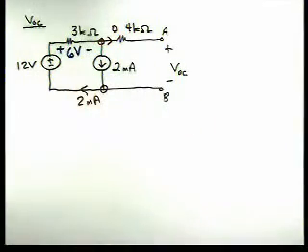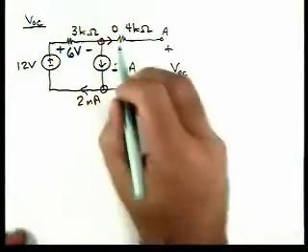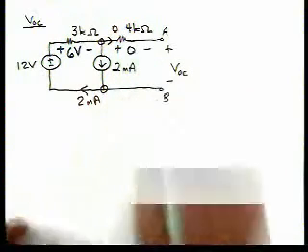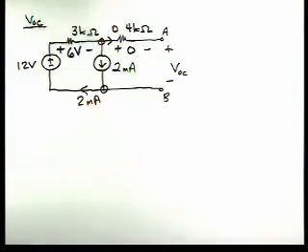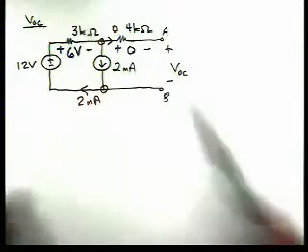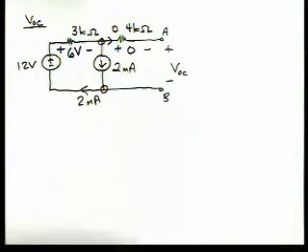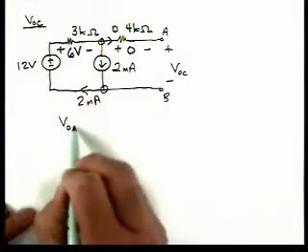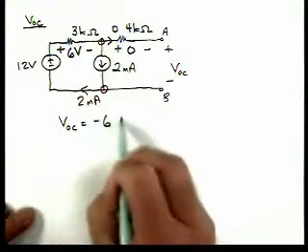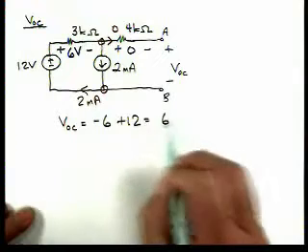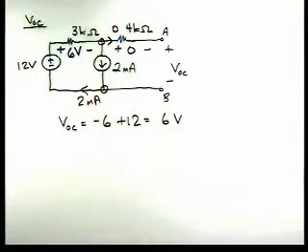So we have 2 milliamps times 3K. Now the voltage across this resistor is 0 because the current's 0. So now if we apply KVL around the outside here, we'll have V0 is equal to minus 6 plus 12, equal to 6 volts. Okay, so there's the first part.